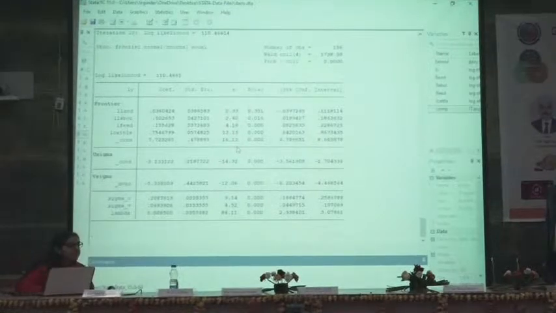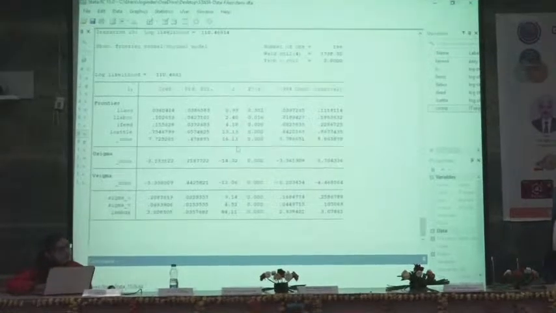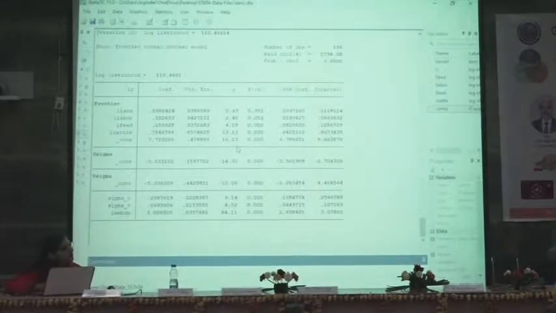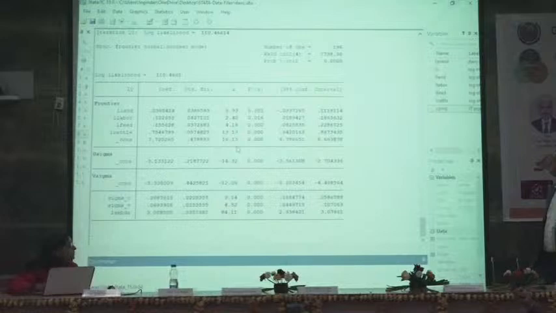If this is elasticity, that means if you increase land by 1%, your output is going to increase by 0.03%, okay? And look at the second one, labor. That's also positive. That makes sense. And then again, feed positive, cattle positive. Right? So these are all positive.